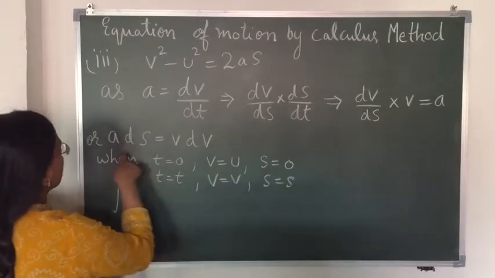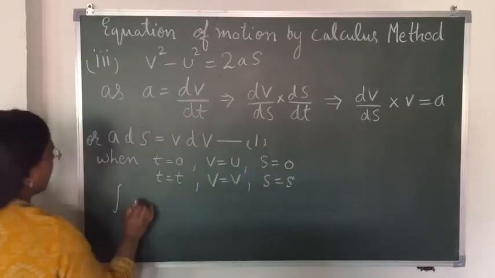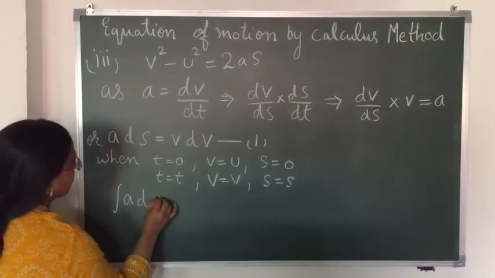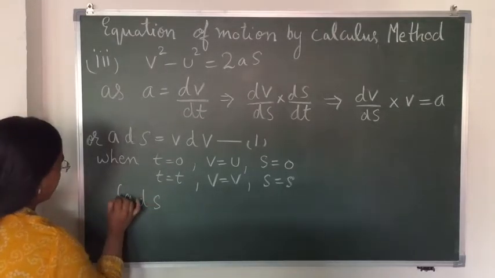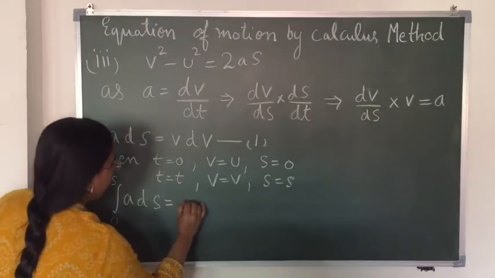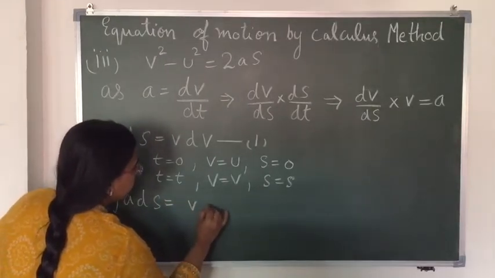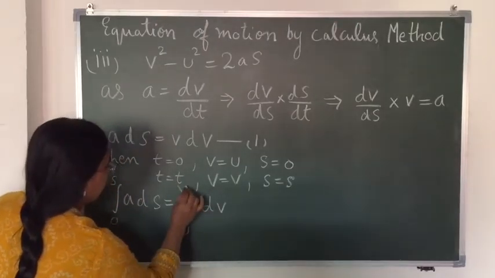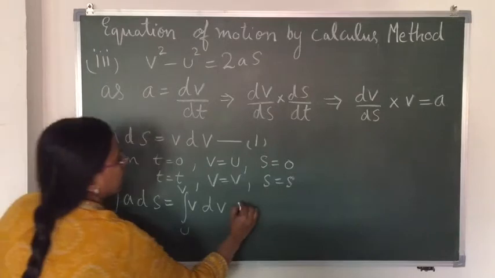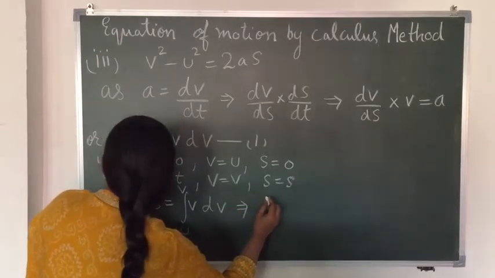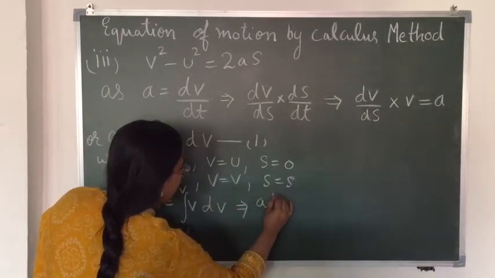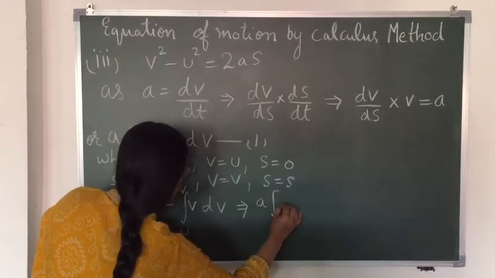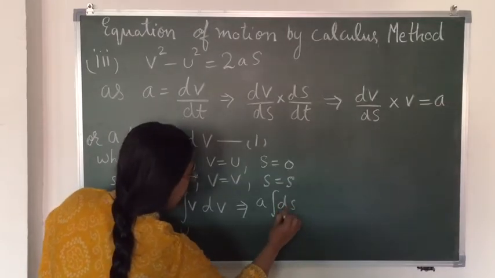Integrate this equation, a ds = v dv. a is taken out, and ds is left.